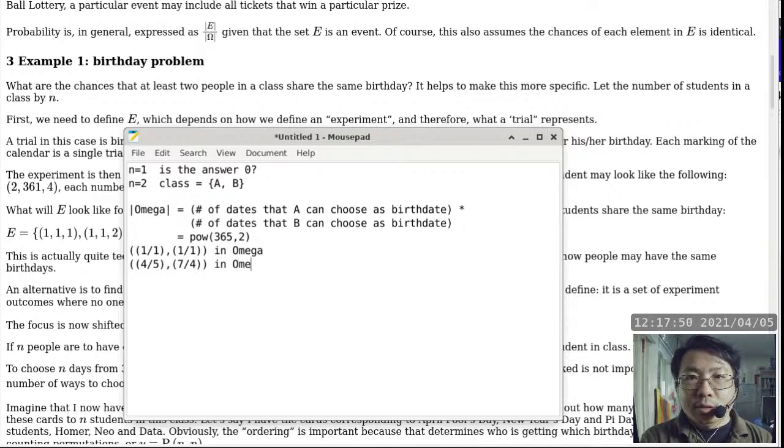So this is also in omega. This is just giving you an idea of what elements of omega look like when we have a class of 2. It's really just all the possible ways of arranging dates as birthdays for the 2 people in class. They can be the same, they can be different, and they can also be something like this. There we go. This is also in omega.